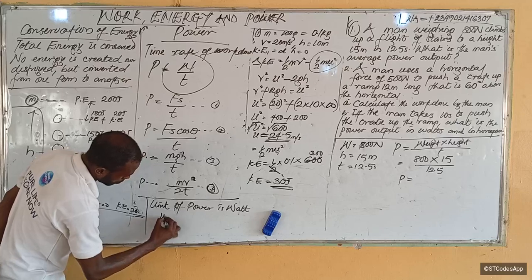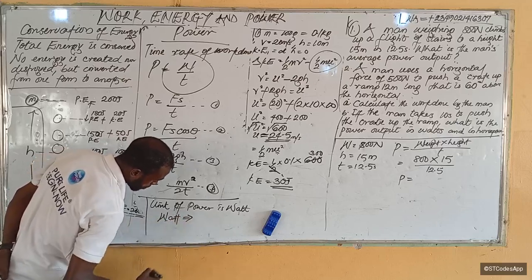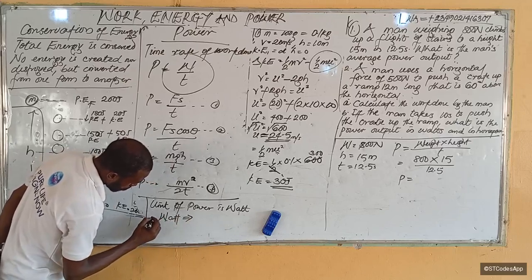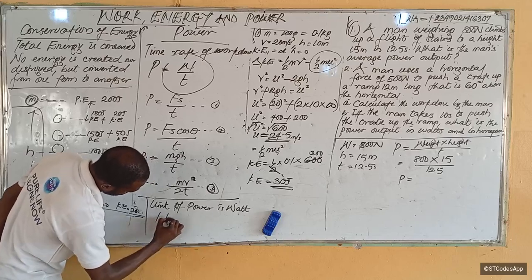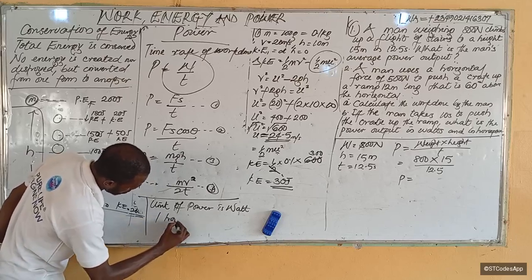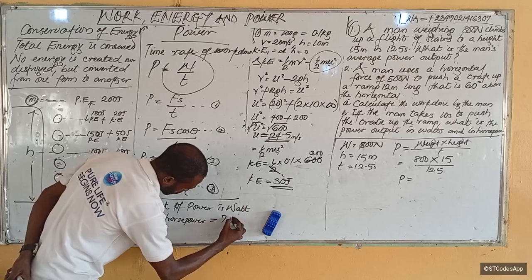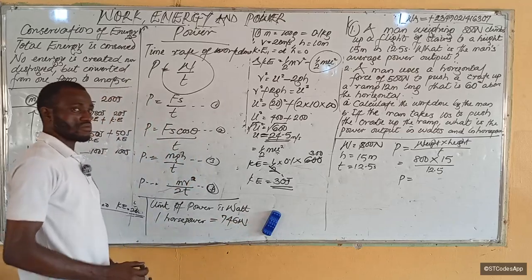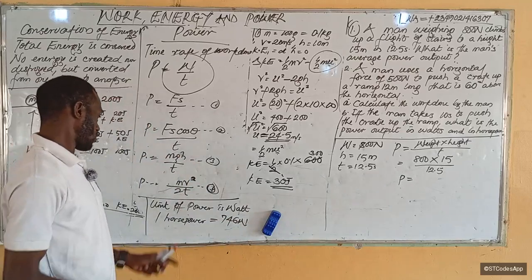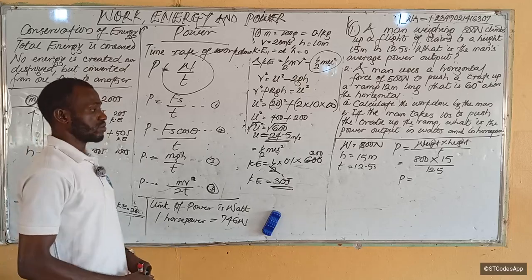Now, there's another unit which is called horsepower. One horsepower is equal to 746 watts, or you must have seen it in your textbook as 750 watts, approximately. So one horsepower is 746 watts.